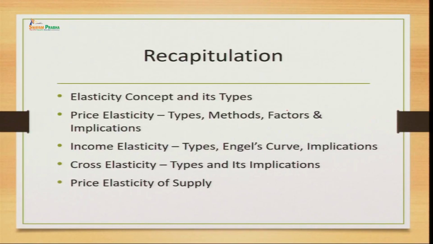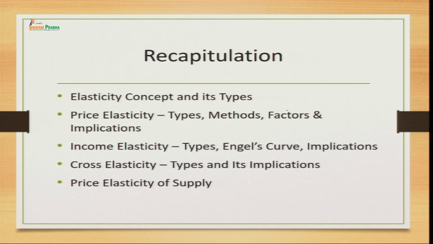We have also talked about the methods of calculating the price elasticity, like percentage method, arc elasticity method and total outlay method. Thereafter, we have also looked at the implication, why it is important for us to calculate the price elasticity and what help it is going to provide us in making various decisions.